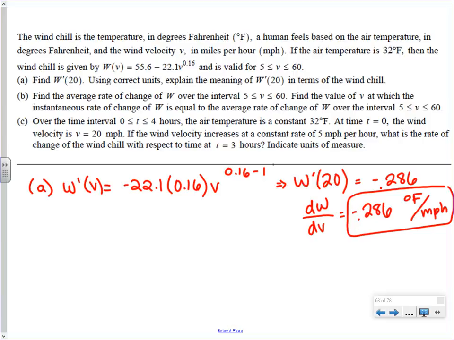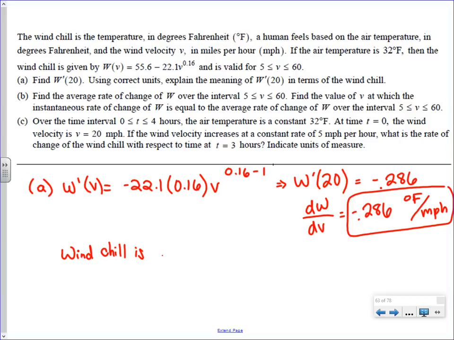Now, in context of the problem, whose rate of change is this? The wind chill. So we could say the wind chill is, is this a positive rate or a negative rate?